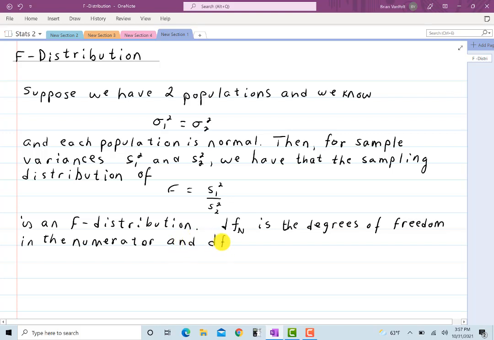And dfd is the degrees of freedom in the denominator.